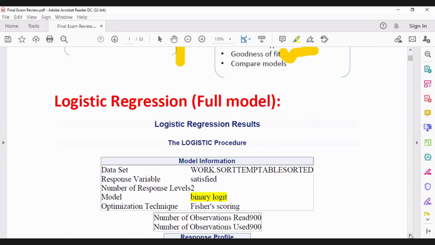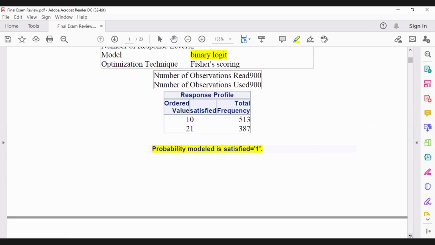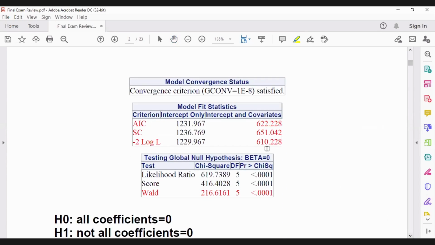Now look at this example where we run a full model under logistic regression. We get the criteria of Akaike, Schwartz, and -2 log likelihood, for the model where the probability of y is regressed only on the intercept, and also where y is regressed on the intercept and the x's. The x's are covariates.